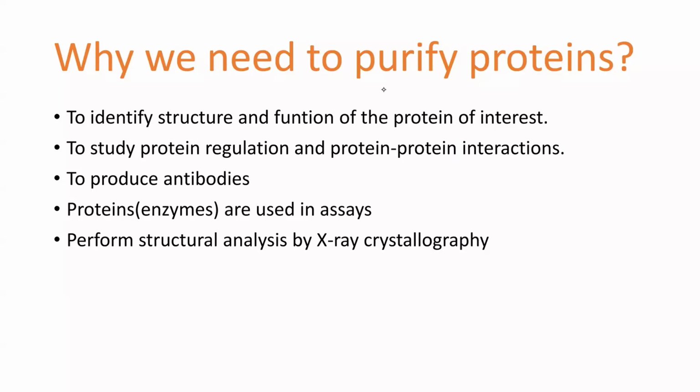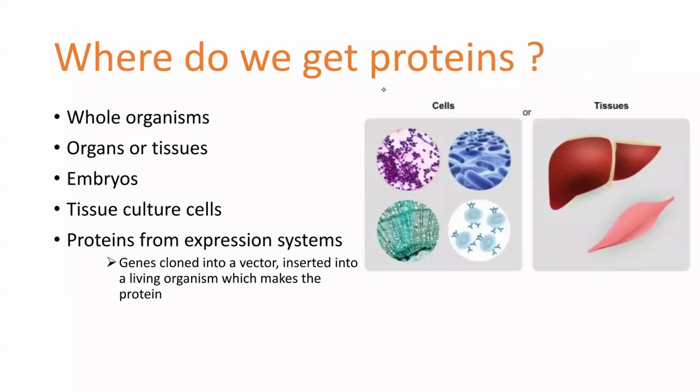Okay, then the next thing that you are going to look at is, where do we get these proteins? What are the sources of these proteins that we are talking about? Although from the previous class, I also told you how these proteins are found. These proteins are usually found in the fractions of organisms or even in whole organisms.